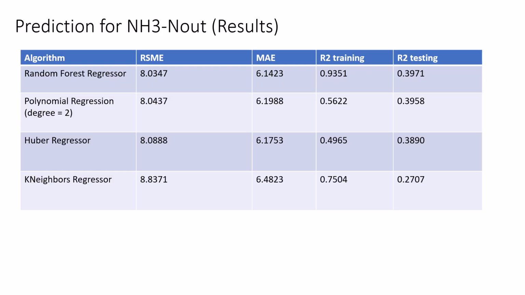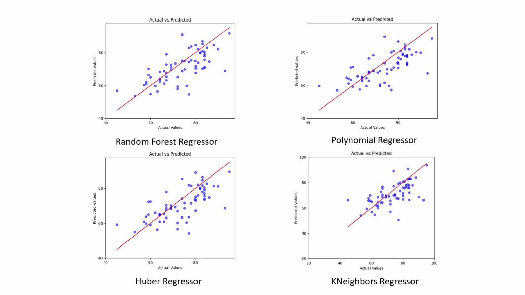The results of the prediction for NH3N out are as shown using various algorithms, and the highest testing accuracy was found in random forest regressor of 0.3971. Similar scatter plots are shown for the actual versus predicted values of various algorithms for the prediction of NH3N out.